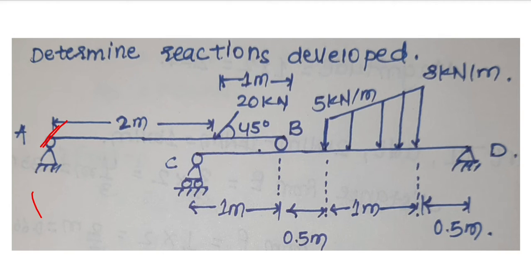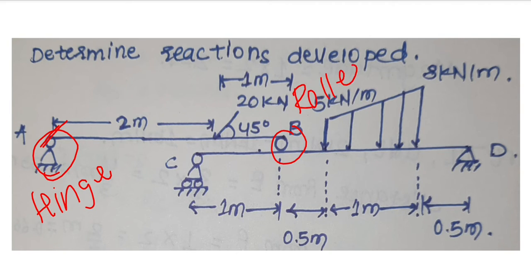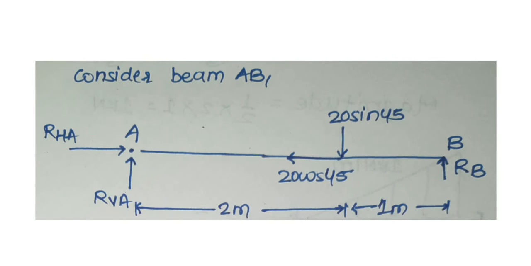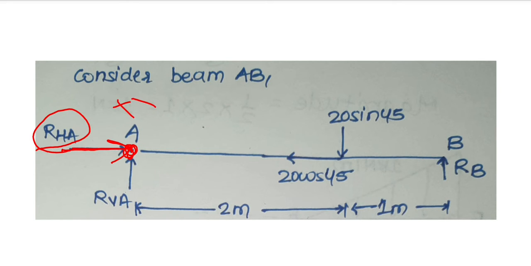At point A there is a hinge support. This is the symbol of a hinge support. And at point B there is a roller support. Remember, this is the simple symbol of the roller support. Let's see the diagram here. As there is a hinge support at point A, we get a reaction force R horizontal at A in the positive x direction and R vertical at A in the vertically upward direction, that is, positive y direction.